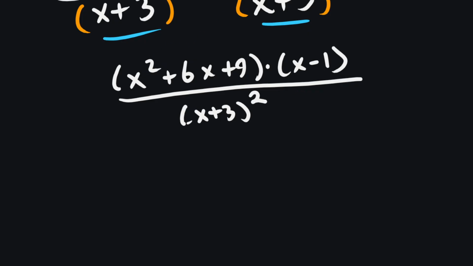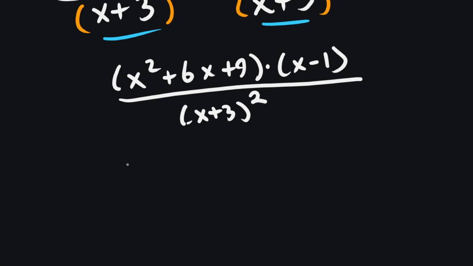So before we do anything, let's factor this trinomial right here, x squared plus 6x plus 9. This is a trinomial written in ax squared plus bx plus c form, and the leading term is 1.